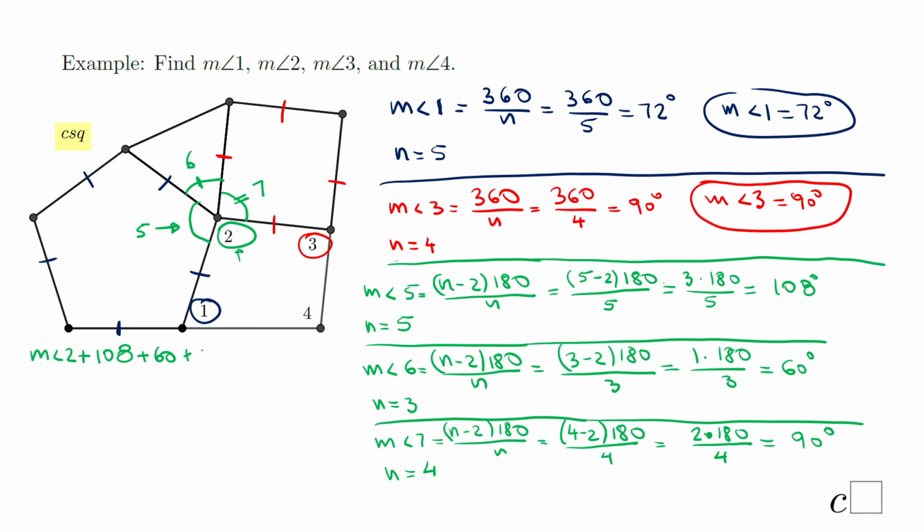So the sum of these 4 angles is going to be, if you set 360, that is correct. Why? Because we're going around this vertex. Now then we have measure of angle 2 plus, and let's add these 3 numbers. I'm going to have 108 plus 60 plus 90, that will be 258 equals 360. Subtract 258 from both sides.